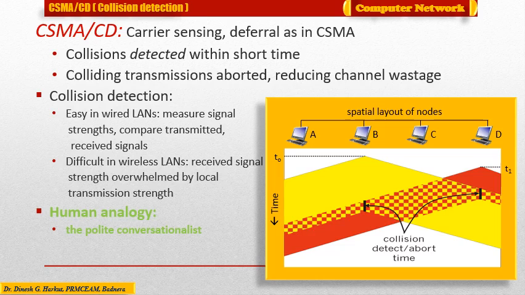That is, instantaneously after detection of the collision, instead of allowing that collided or corrupted frame to transmit, both the nodes involved in the collision will cease the transmission instantaneously. Thus, it results in enhancement in performance as compared to pure CSMA.